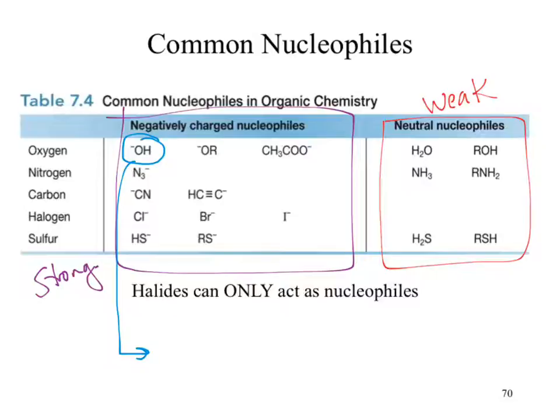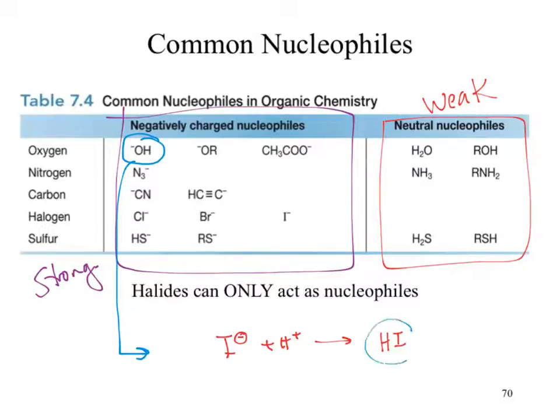Well, it turns out a good nucleophile is halides. They will only act as nucleophiles. They will never act as bases. And the question I asked in the video was why? What happens if our halide acts as a base? It becomes HI.